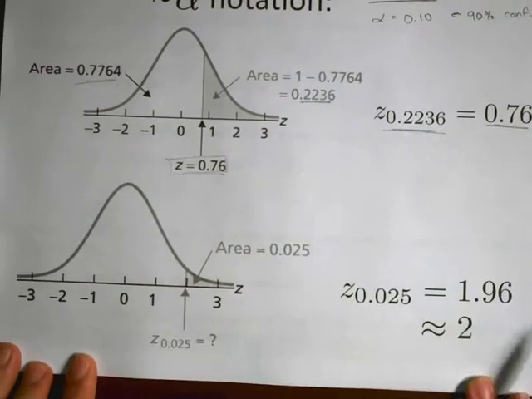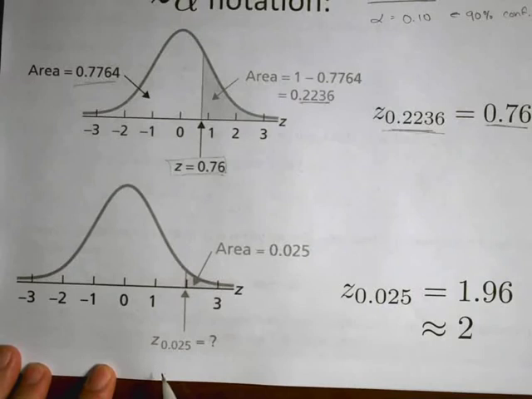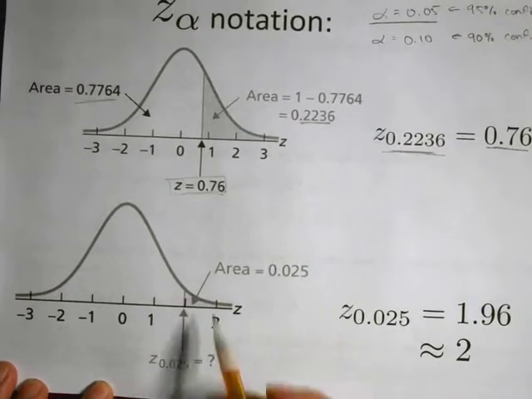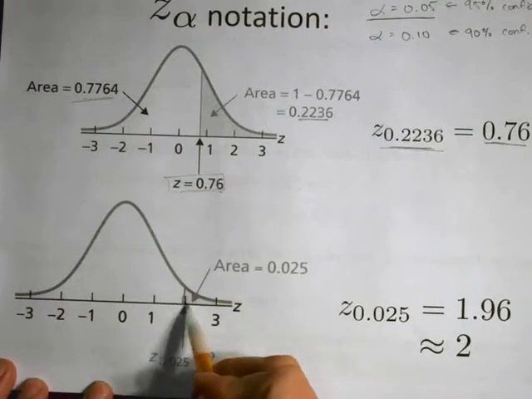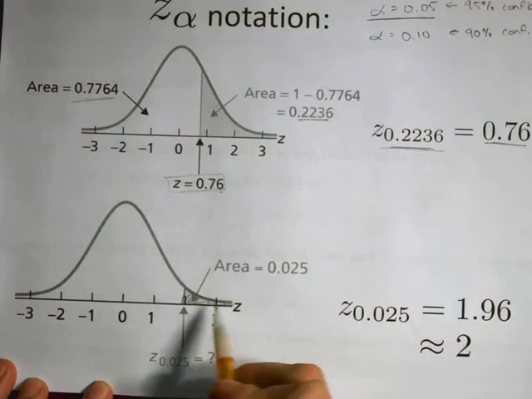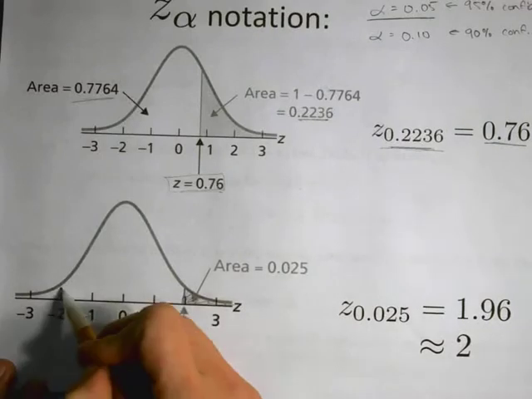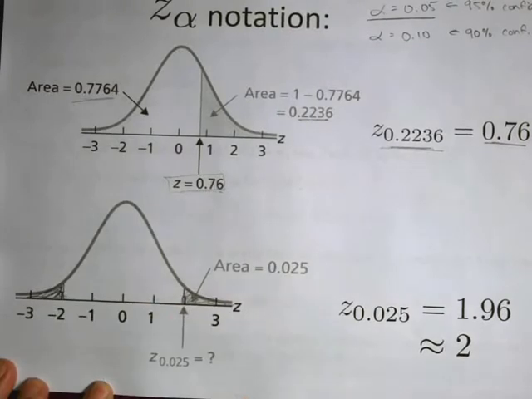A more common Z value is this one right here. It's the Z value that corresponds to our 95% confidence intervals. Because when we are looking for 95% confidence intervals, we want to find the area such that this right here is 2.5% of the area under the curve. But there's a matching one over here that is also 2.5% of the curve.